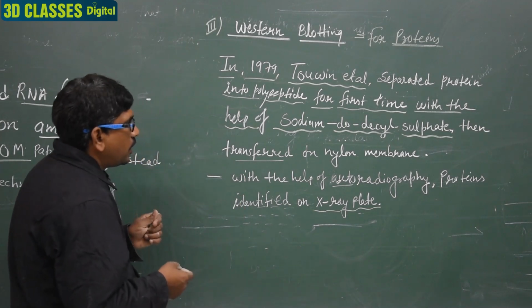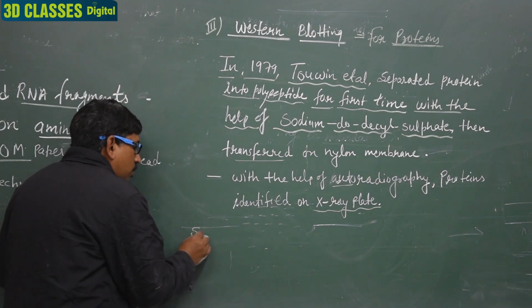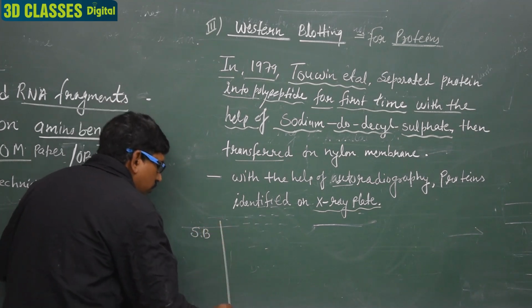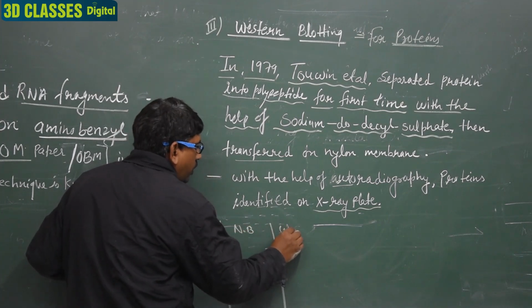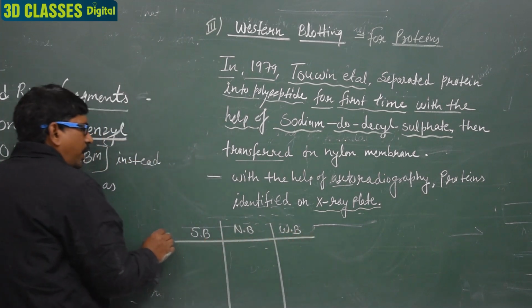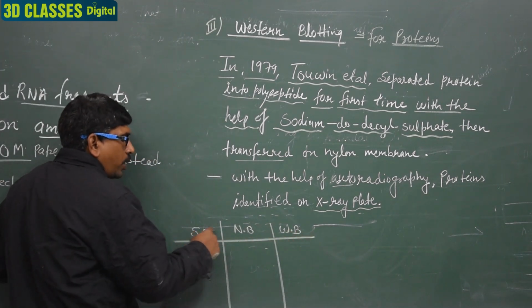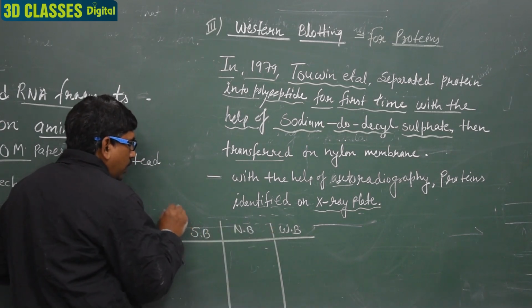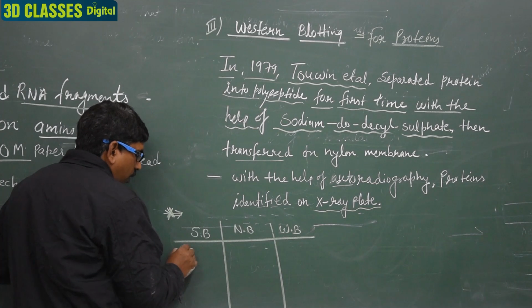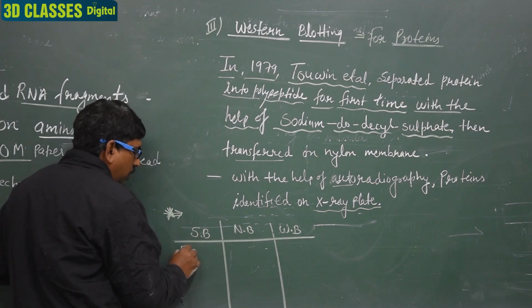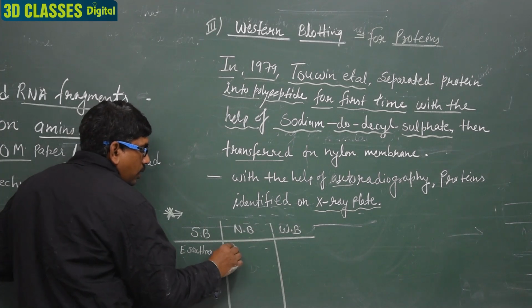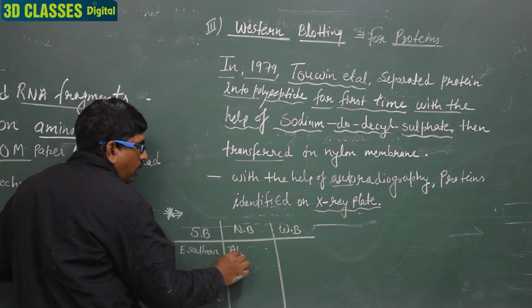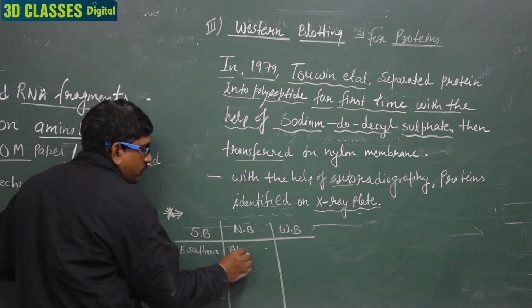So we compare here the three types of conditions for southern blotting SB, northern blotting NB, and Western blotting WB. When we compare these three, first, the technique was discovered by Southern. Northern blotting was discovered by Alwine et al.